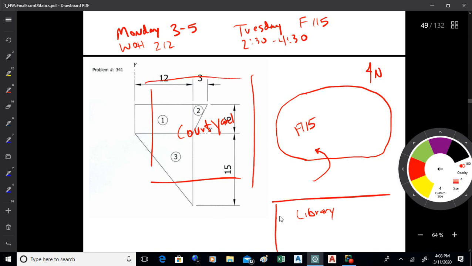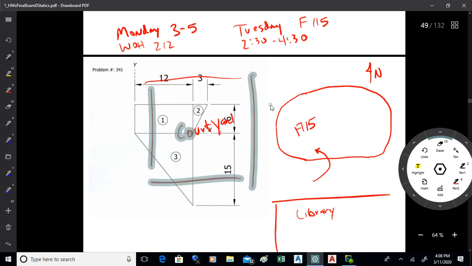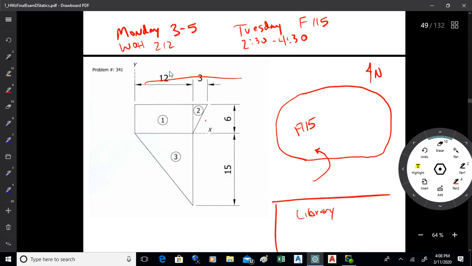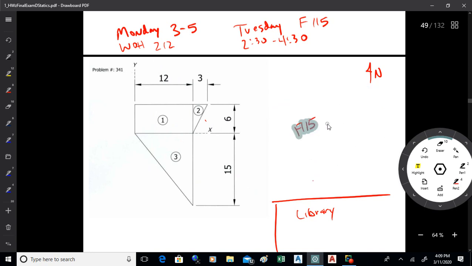Okay, now the centroids, let's have a look at that. Now the approach on this, as we were talking about earlier, centroids are called out by the direction they're measured in. So X bar would be measured in the X direction, Y bar in the Y direction.